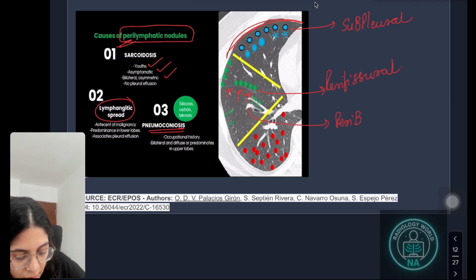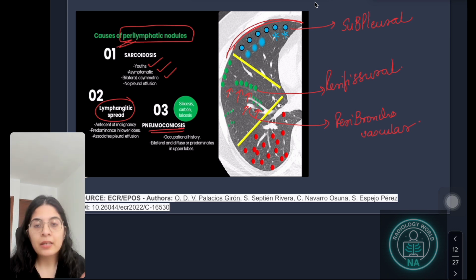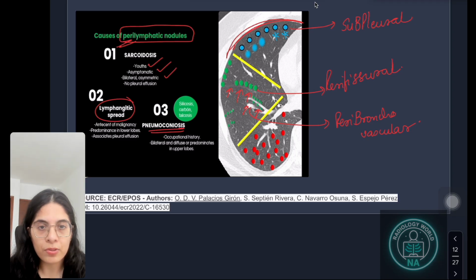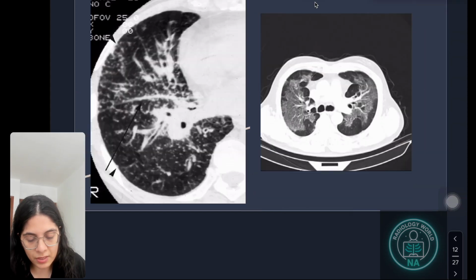You can see that there are the vessels over here. So this is peribronchovascular. This is a very important representation, that you can see these are all the distribution of your nodules in sarcoidosis, which is basically perilymphatic spread. Okay, let's move towards our next slide.